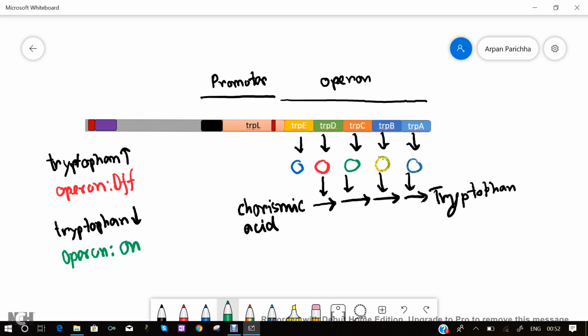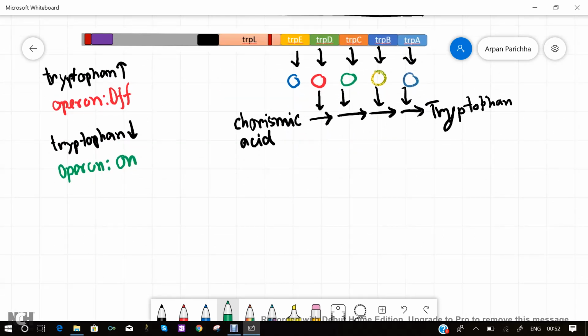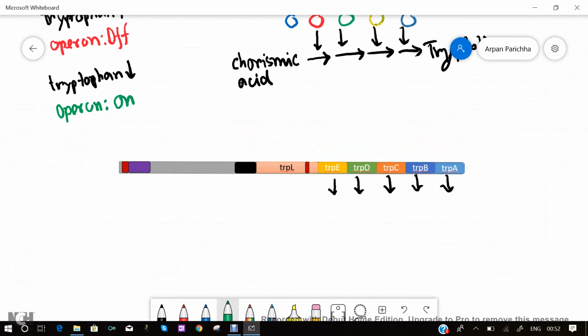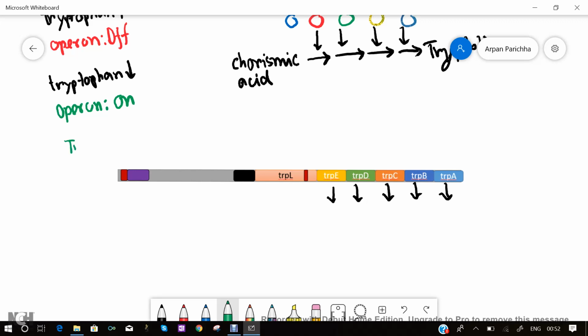Now we look at a situation of high tryptophan versus low tryptophan and see how high versus low tryptophan affects the operon. So whenever the tryptophan level is low, the operon gets switched on, right?